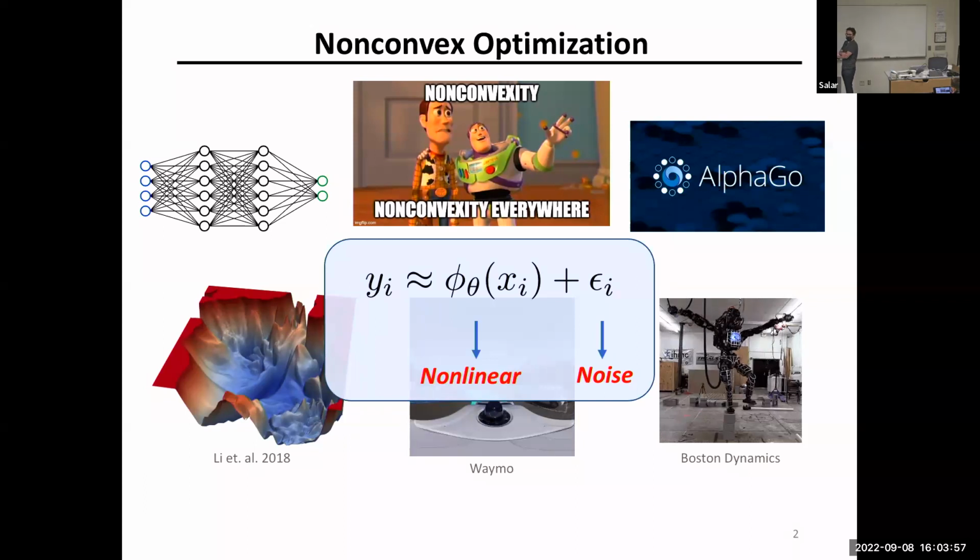In most of these problems, our goal is to fit a nonlinear model to a bunch of data samples that are collected with possibly some noise. The underlying nonlinearity in the model gives rise to nonconvexity in the corresponding optimization problem. So the question is: is this nonconvexity an issue for us to solve these problems efficiently, in practice and in theory?